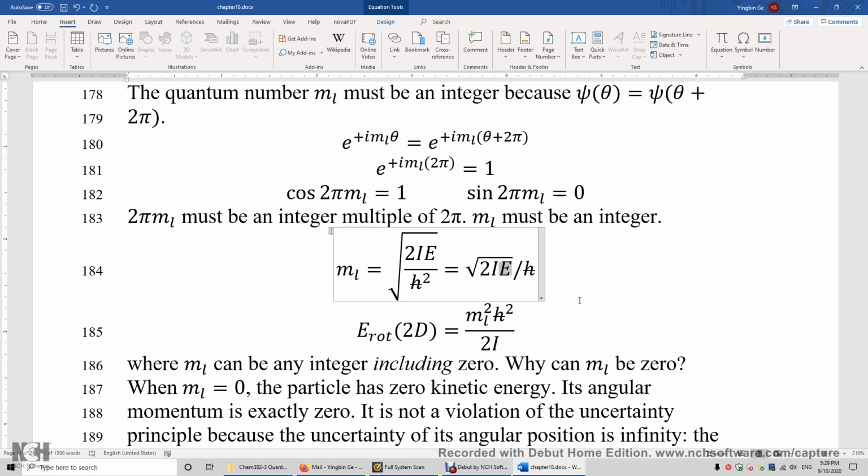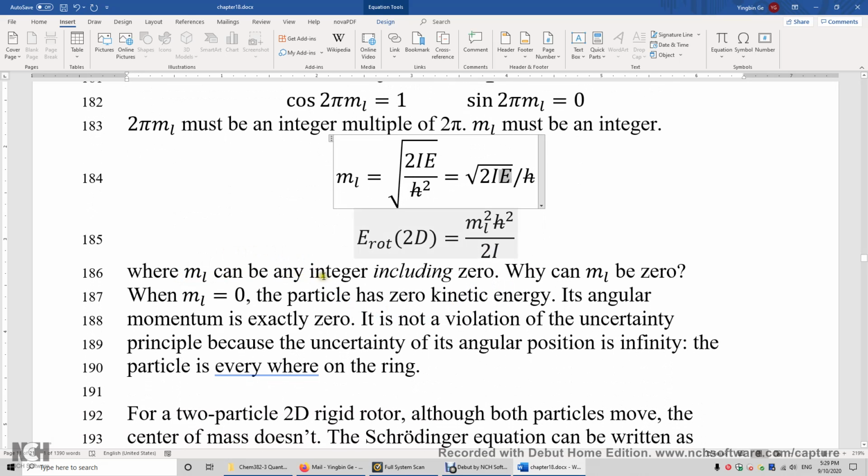There's no translation, there's no vibration. So this E is actually the rotational energy, and this is a two-dimensional rotation. The rotational energy is m sub l squared h bar squared over 2I. M sub l can be any integer, including 0.